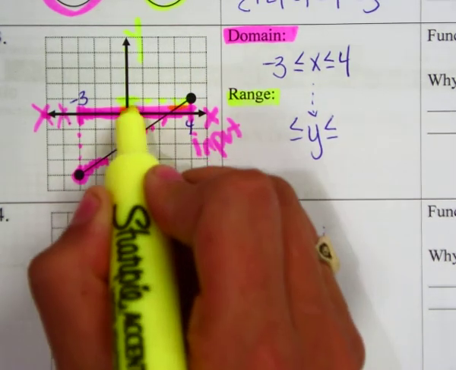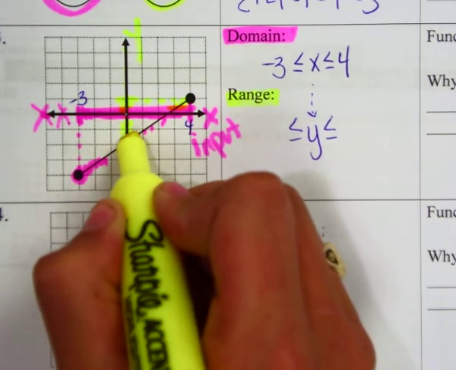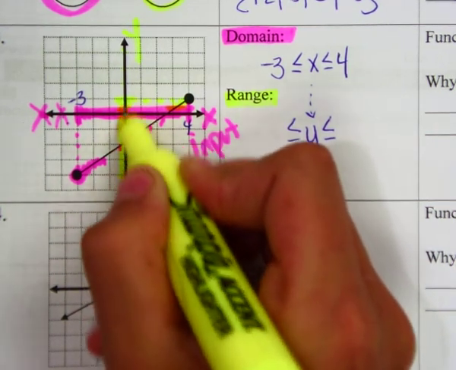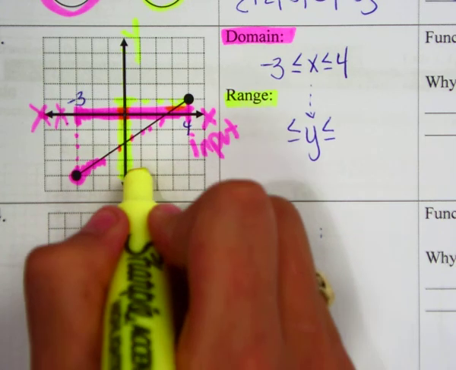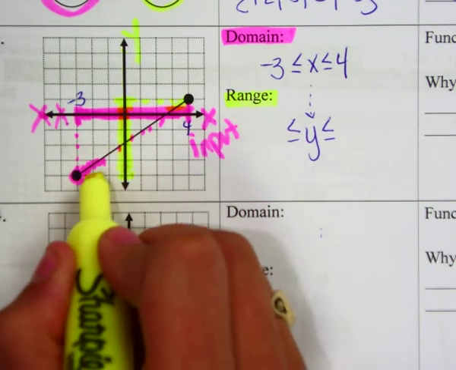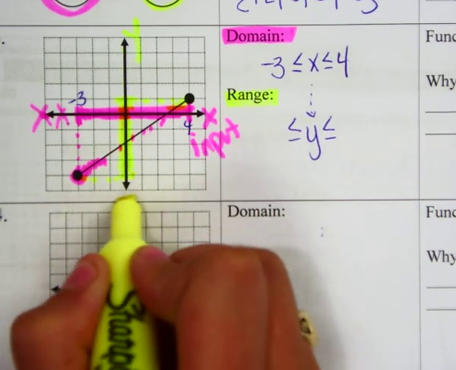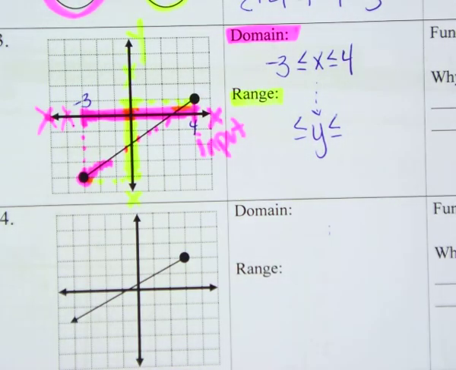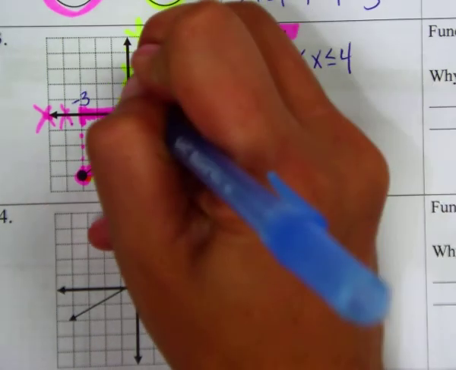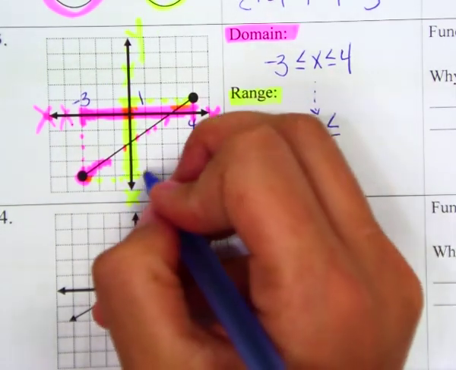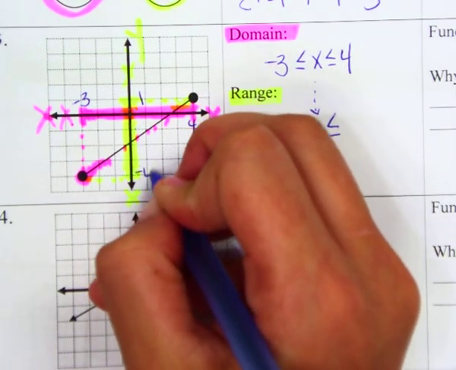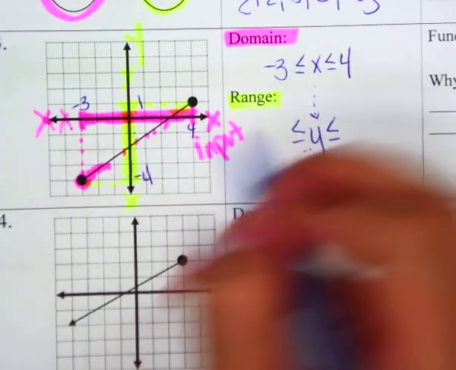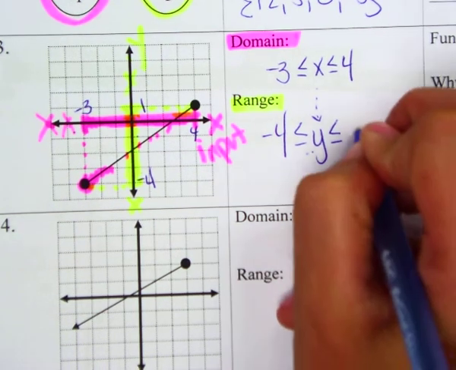There is an x value for this y value. All of this, all the way to here. Any y value between here and here actually has an output. There's no output there, or input there, and there's no input here. Okay? So, it is between 1 and -4. So the y values are between -4 is the smallest number and 1.